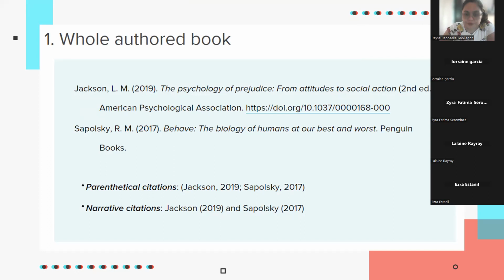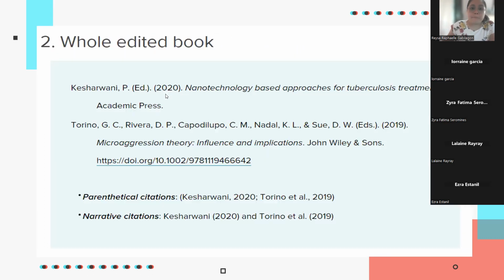Kay merong name of the publisher, tapos meron ding location of the publisher. This time, wala nang location. Name na lang talaga ng publisher, tapos followed by the DOI if ever there is DOI. Pero pag wala, kagaya nitong second example, hanggang name of the publisher ka lang. Okay? That's how you do that if it is a whole authored book.